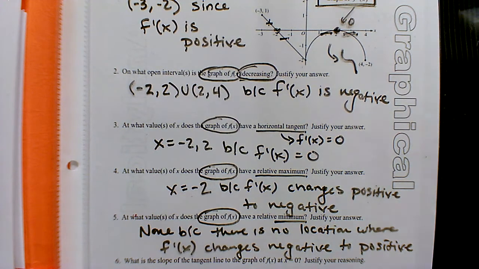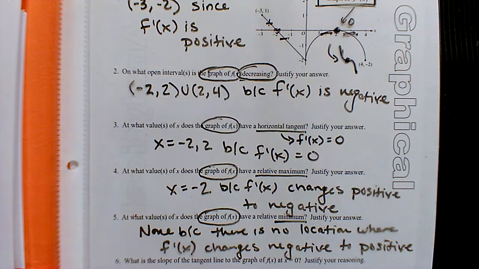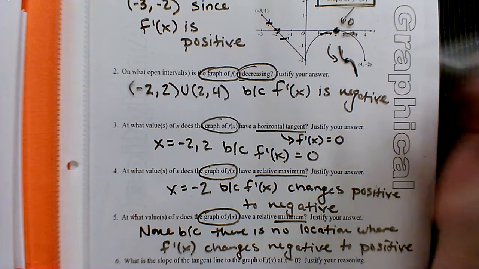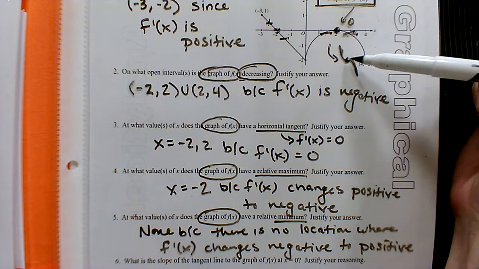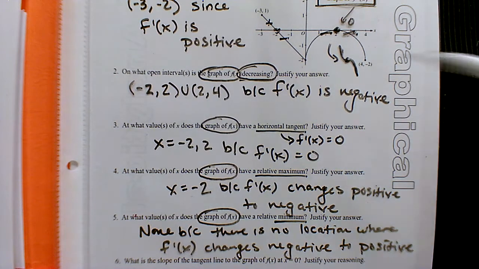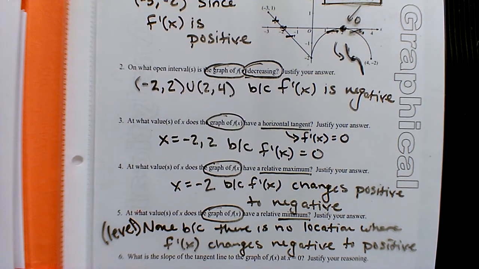So just because we have a slope of 0, that's a possible max or min, not necessarily definitely one, because you could have a level spot. Maybe we'll make note of that here. We have some type of level location. No max or min.